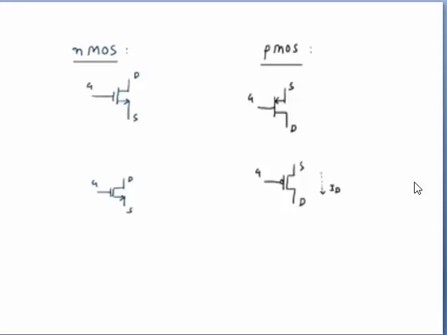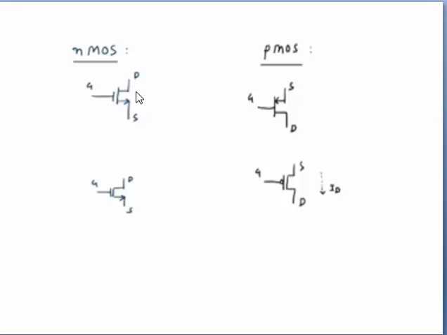The first symbol is the basic symbol. You can see the three terminals of the MOSFET: gate, drain and source. It is a three terminal device, and at the input side we have VGS, the voltage between gate and source.